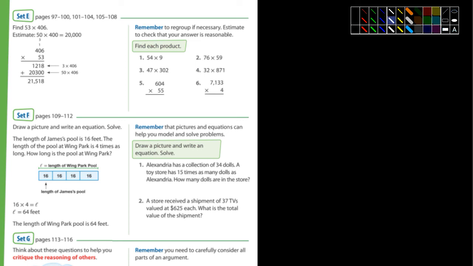Let me try this. I'm going to draw a box, and that'll represent 34 dolls. Okay?